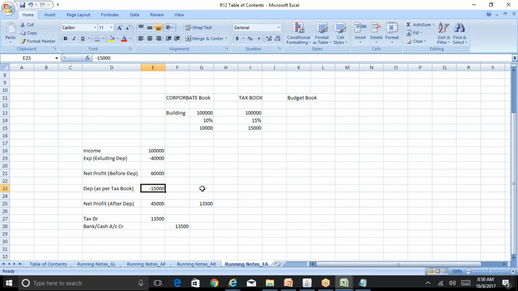Also, you can do that. So as far as the depreciation as per tax book is concerned, you will not be able to derive that value from the tax book because your FA tax book is not sending the data to GL. You run some reports, grab that value and enter that value here.